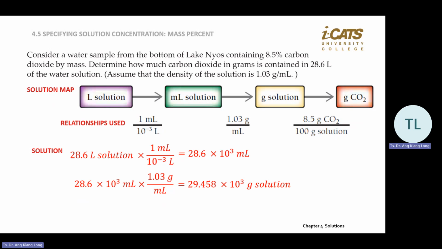The one that you see on my PowerPoint slide is just the scratch of the solution. Then you convert into CO2. It gives you in the water, the concentration is 8.5% of CO2.